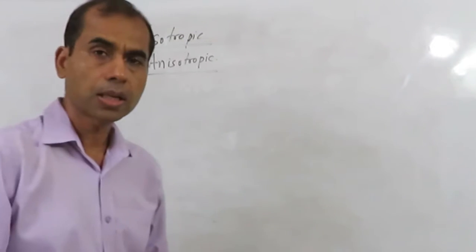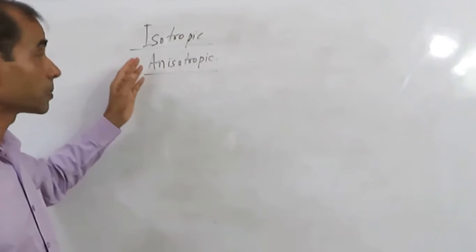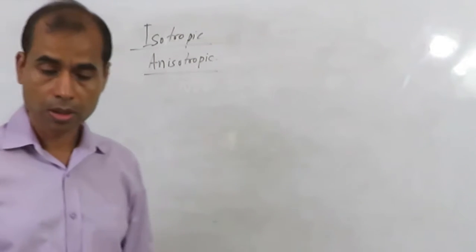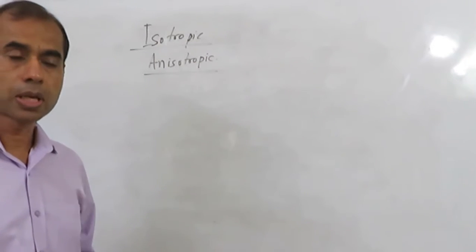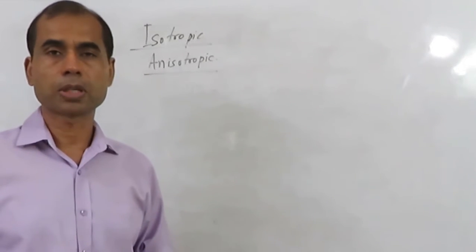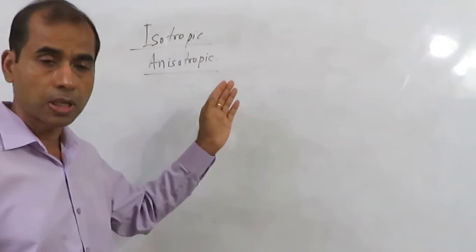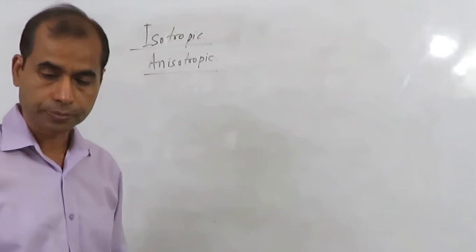So in engineering, you will often come across these two terms, isotropic and anisotropic. So let's try to understand what are the meanings of these two terms. And also, I would like to show you a very easy experiment to show how we can differentiate between isotropic and anisotropic behavior of materials.